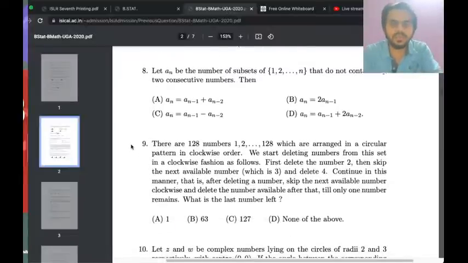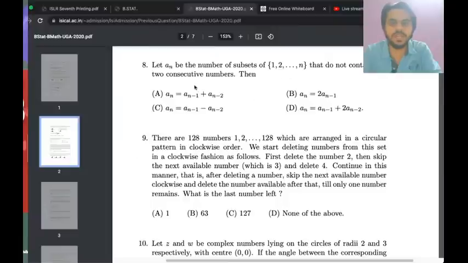Now the next question is the number of subsets that do not contain any two consecutive numbers. I'll just give you a hint over here: you have n numbers, and if an is the number of subsets that do not contain any two consecutive numbers, then let's say you have 10 numbers, so a10 is the number of subsets of 1, 2, 3 and so on till 10 that do not contain any two consecutive numbers.